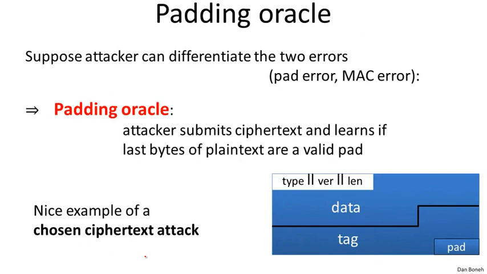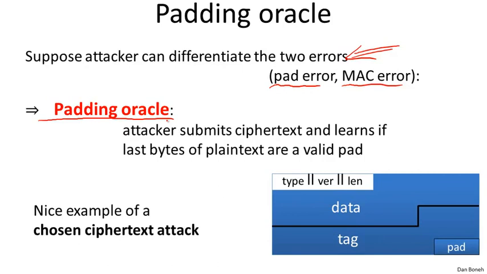So suppose an attacker can actually differentiate the 2 types of errors. In other words, he can tell if a pad error occurred or a MAC error occurred. The result is what we call a padding oracle. Because now imagine the adversary has a certain ciphertext that it intercepted, and it wants to try and decrypt that ciphertext. What it could do is take that ciphertext as is and submit it to the server.